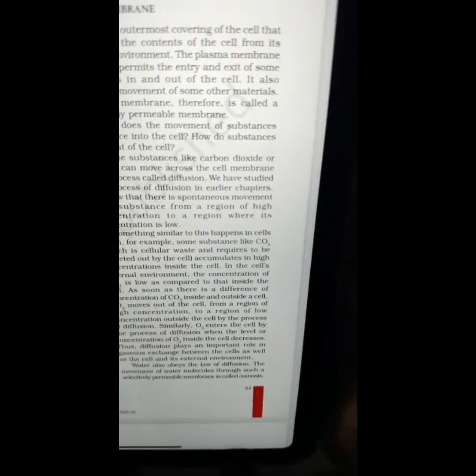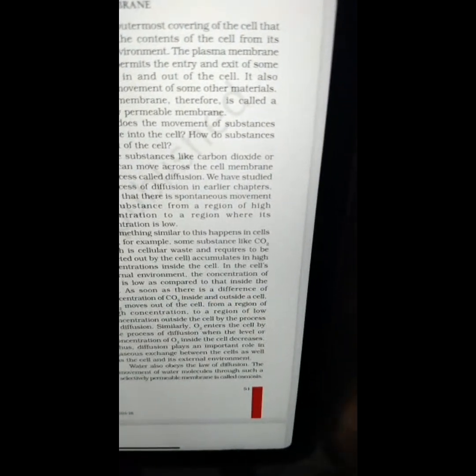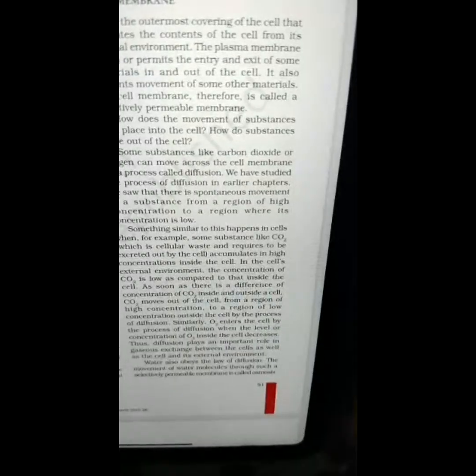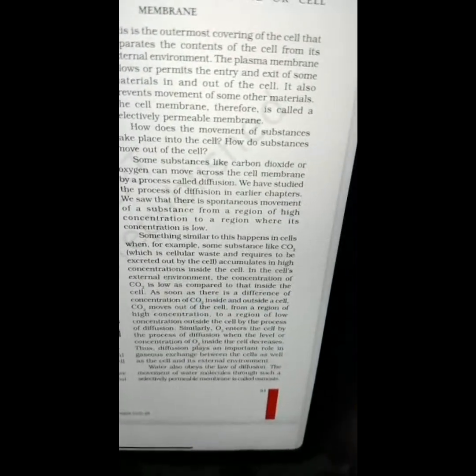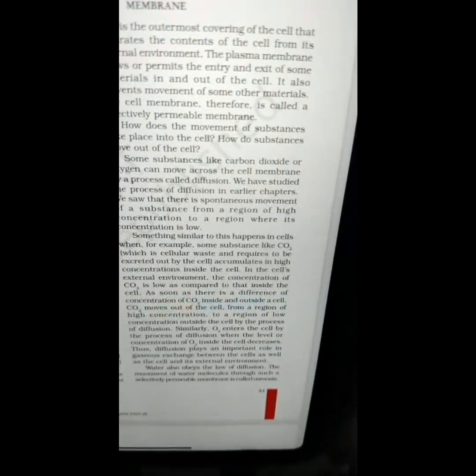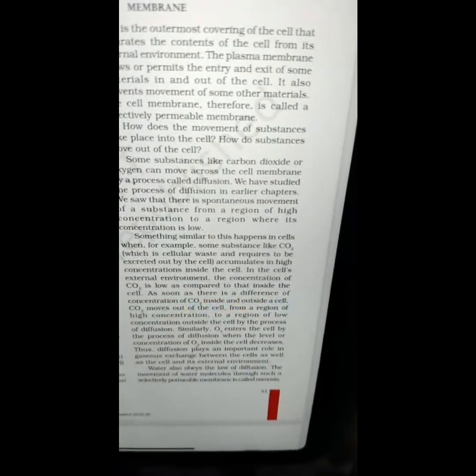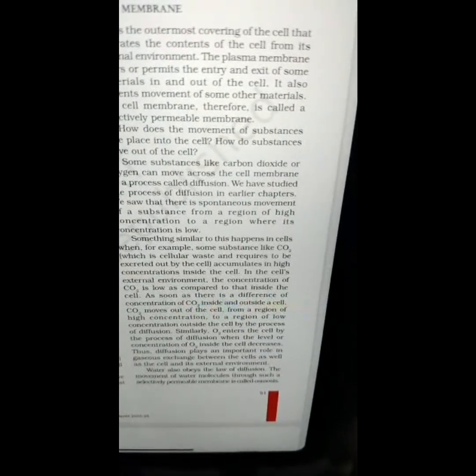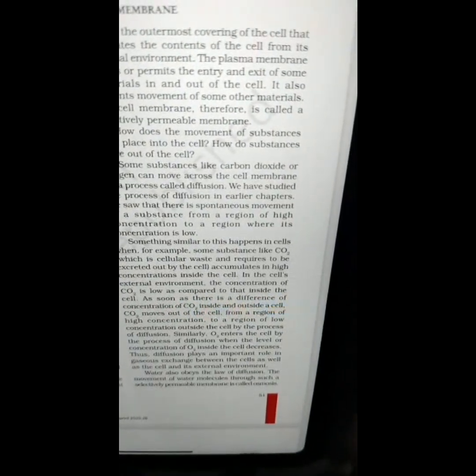As soon as there is a difference of concentration of CO2 inside and outside a cell, CO2 moves out of the cell, from a region of high concentration to a region of low concentration outside the cell, by the process of diffusion. Similarly, O2 enters the cell by the process of diffusion when the concentration of O2 inside the cell decreases.